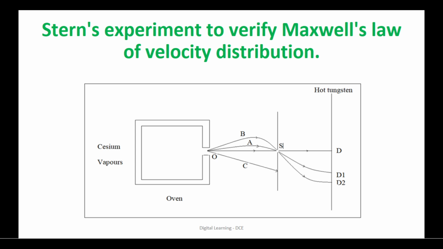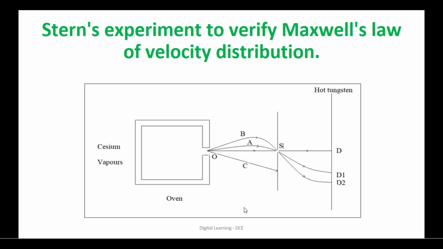The experimental arrangement consists of the oven with an opening O, where we get the cesium atoms, and this is the slit S, and this represents the tungsten wire. The whole arrangement is placed inside the evacuated chamber.